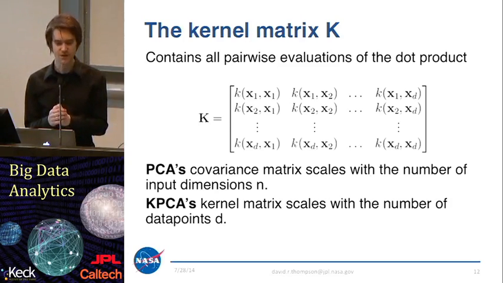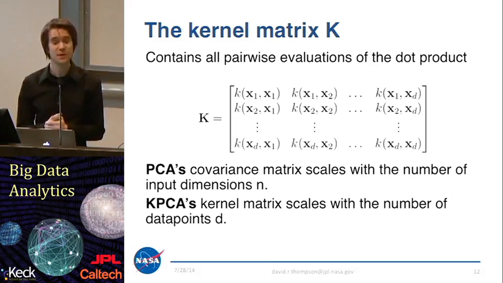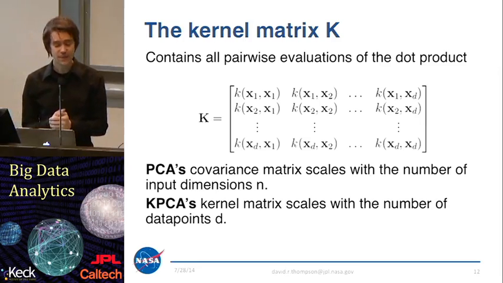This is slightly different than PCA, where the covariance matrix is scaled with the number of input dimensions n. Here in kPCA we're working with a kernel matrix that is dimensioned according to the size of our data set, because we're calculating the dot product of all data points against all the others. So this scales with d, the number of data points in our training set.